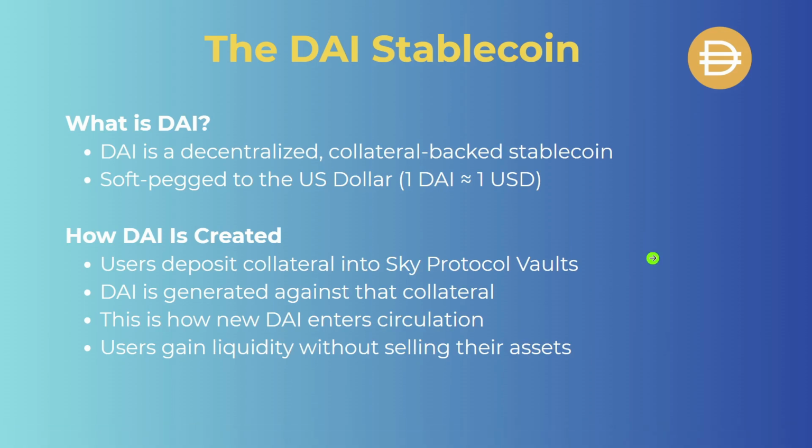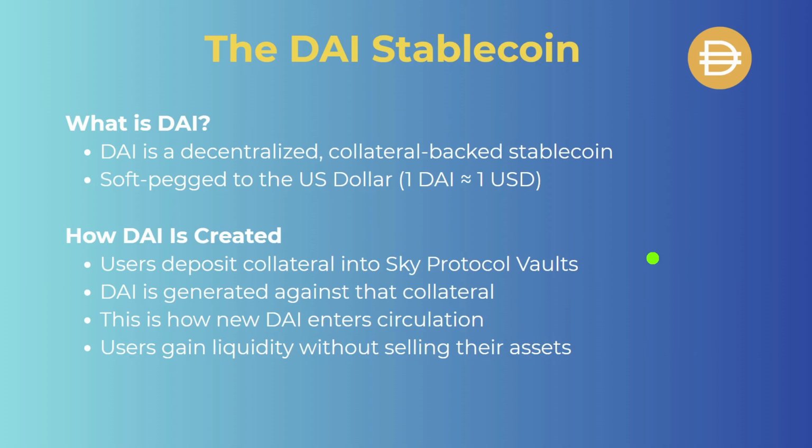In the case of, for example, USDC or USDT, if you want to buy them, you sell your ETH to buy an equivalent amount of, let's say, USDT. So for example, if it is worth $2,000, you sell your ETH and gain 2,000 USDT.